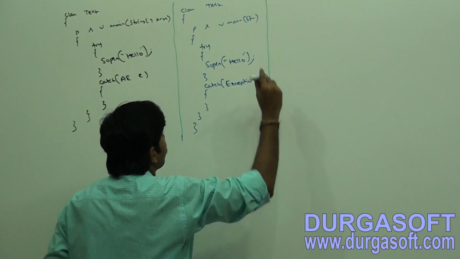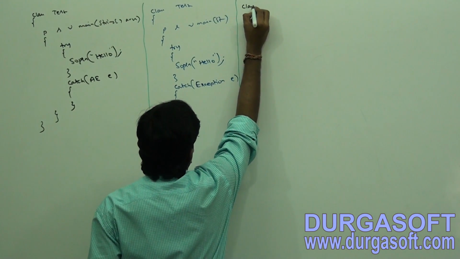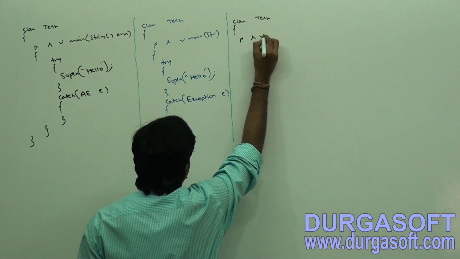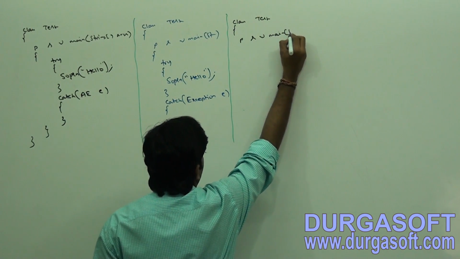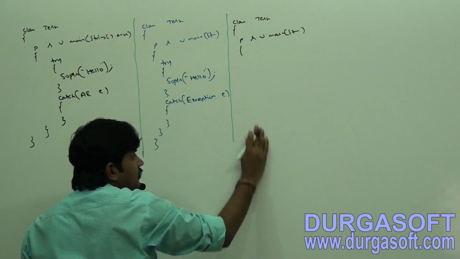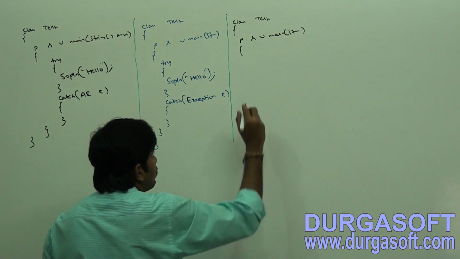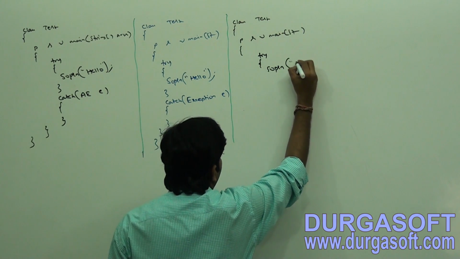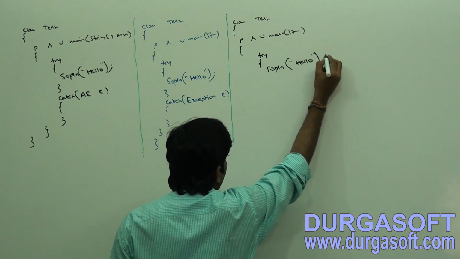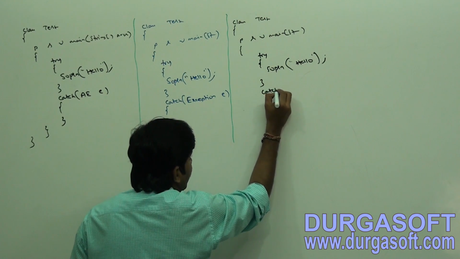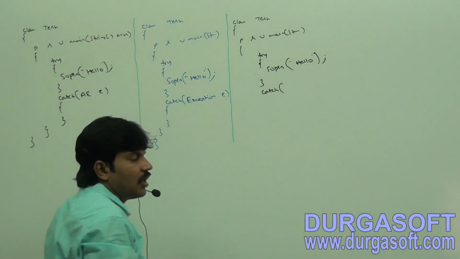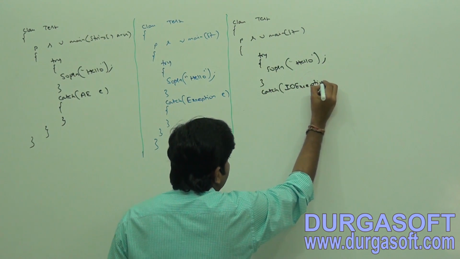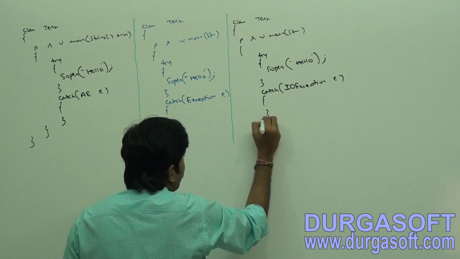Now we are ready to go for the third. Here see the third one. Class Test, public static void main(String[] args). Try block I am taking, System.out.println of hello, catch IOException e.